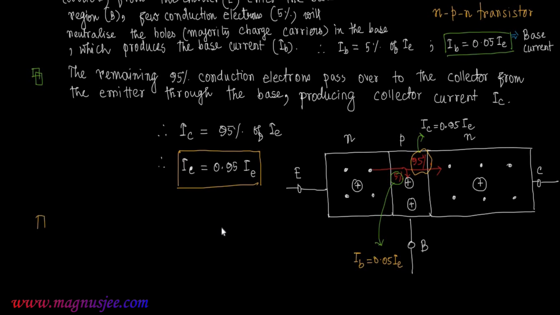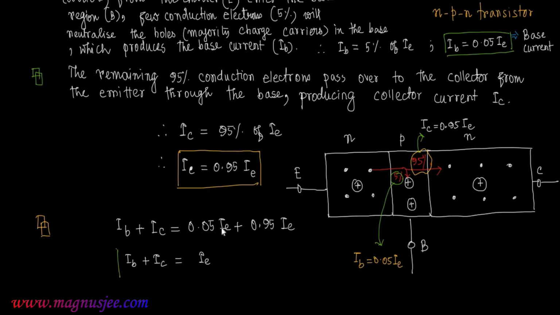And so in this way collector current and base current are produced. Also, additional information: if we add base current and collector current, we get 0.05 times IE plus 0.95 times IE, which is equal to IE only.